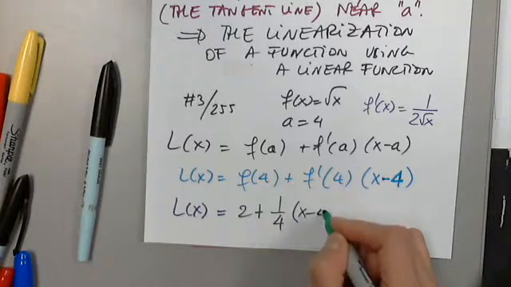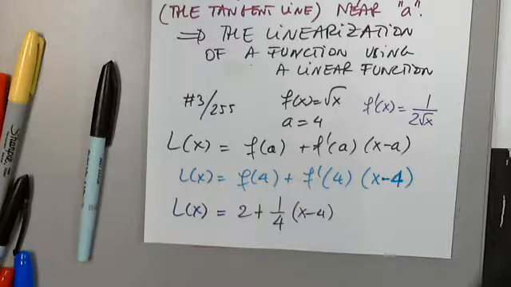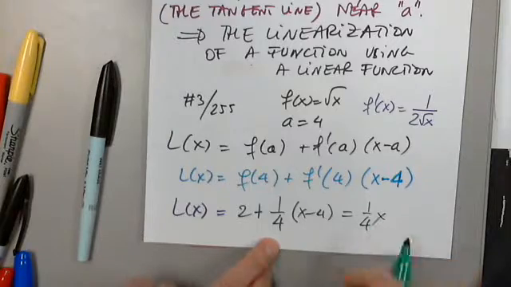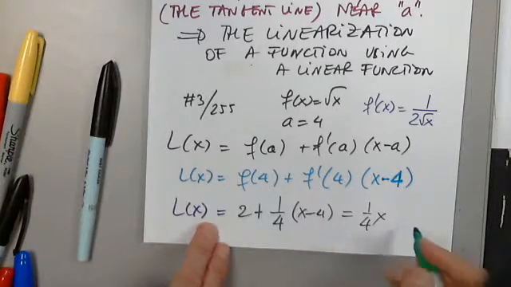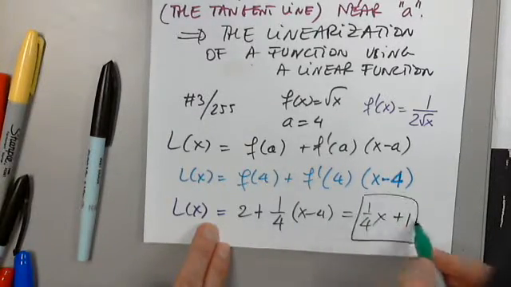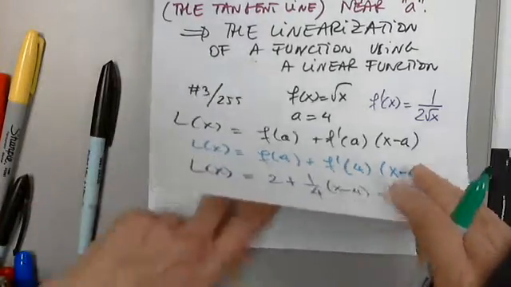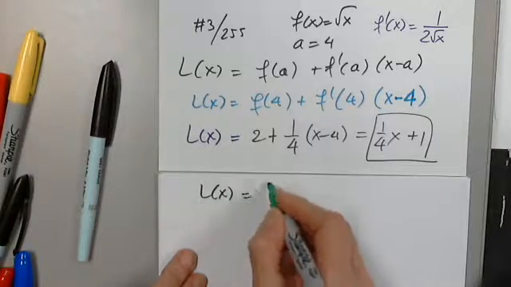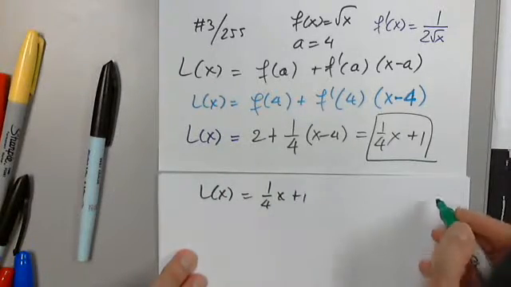Times x minus 4. This is the line. We still have to simplify it a little bit, but this is the line that approximates the square root of x when x is near 4. So this will be 1/4 x minus 1 plus 2 is plus 1. I should have not written it on the side. So this is L of x, 1/4 x plus 1.